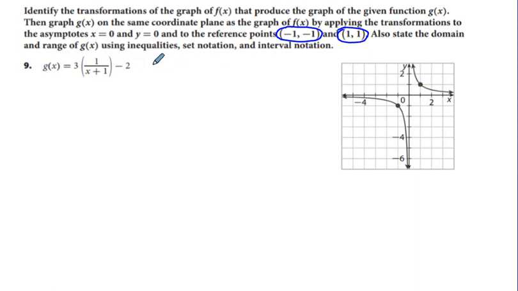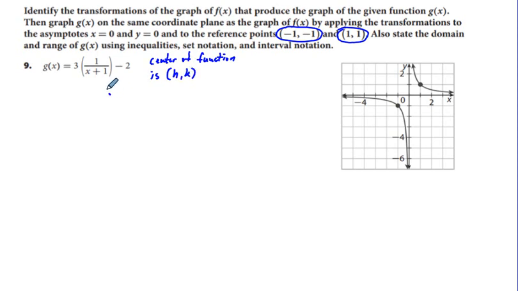And what we're going to do is, the center of the function is located at the coordinate pair h, comma k.